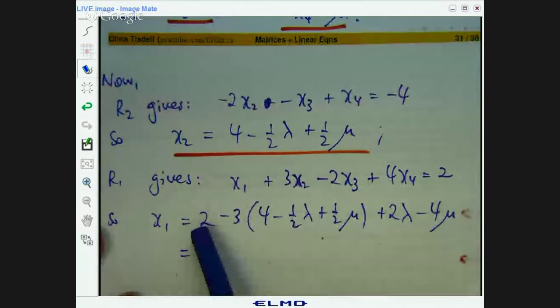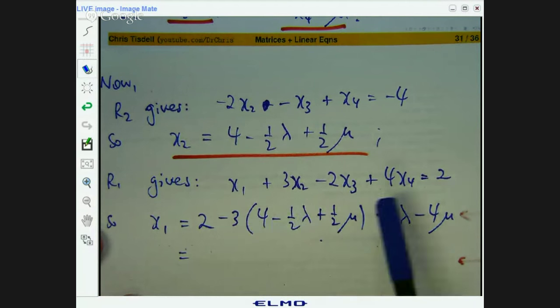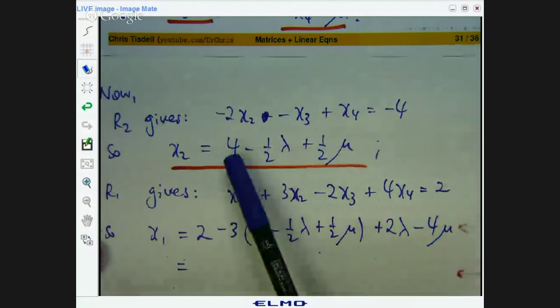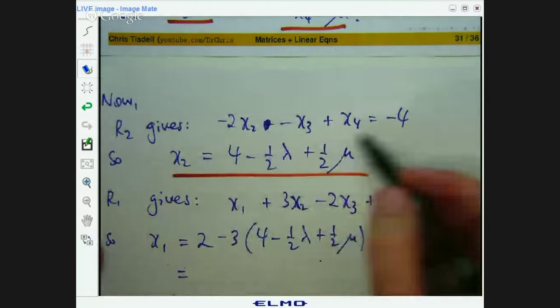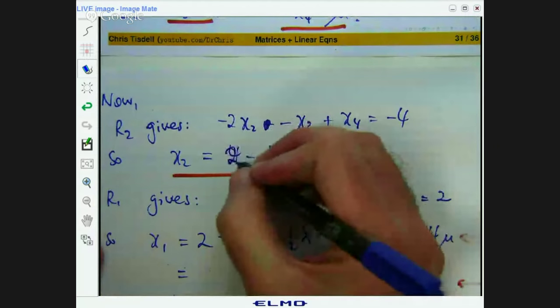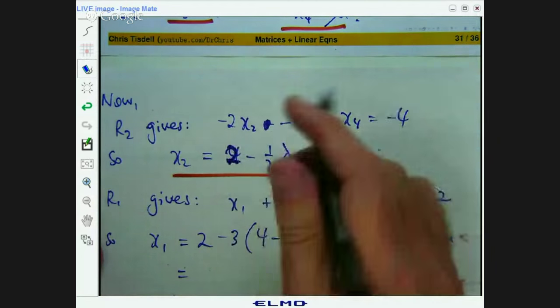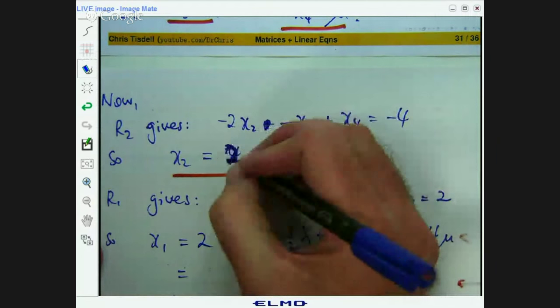You know what? I haven't divided that 2 out, so that should be a 2 there. Yeah, that should be a 2 for x2.